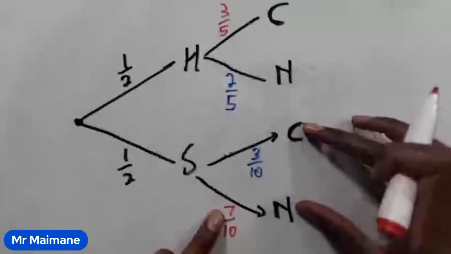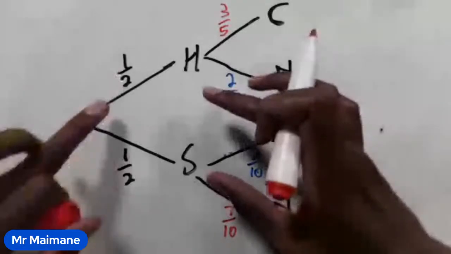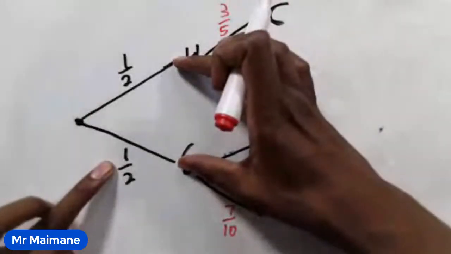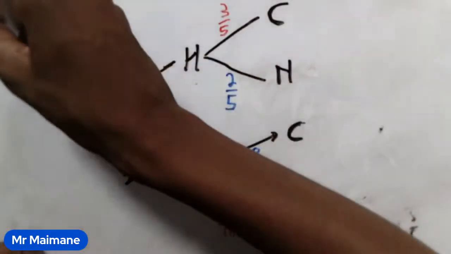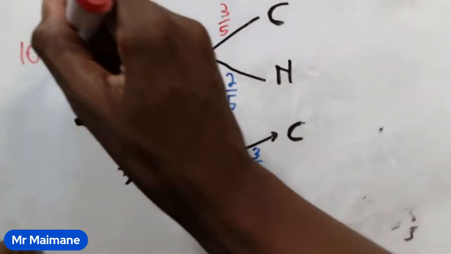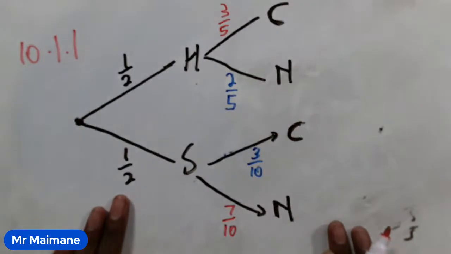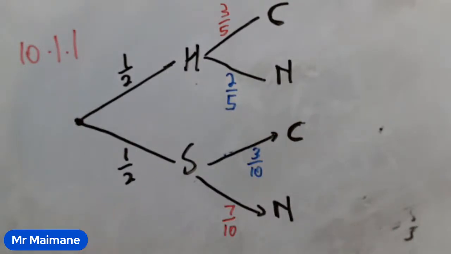Extending on the branch, when we add a half and a half, we also get the total probability of 1. So this is 10.1.1. This is how you show the tree diagram of the probabilities that were stated there. Now let's go to the next question.